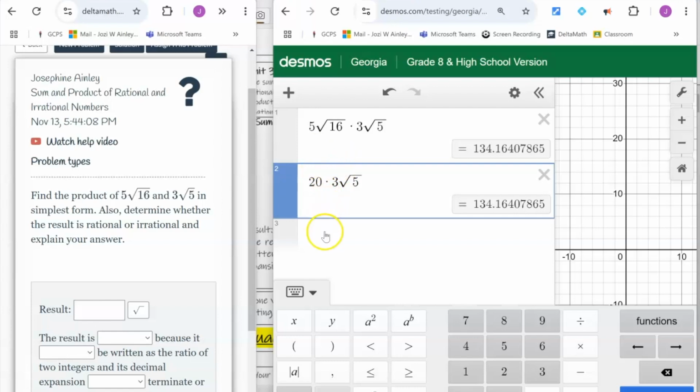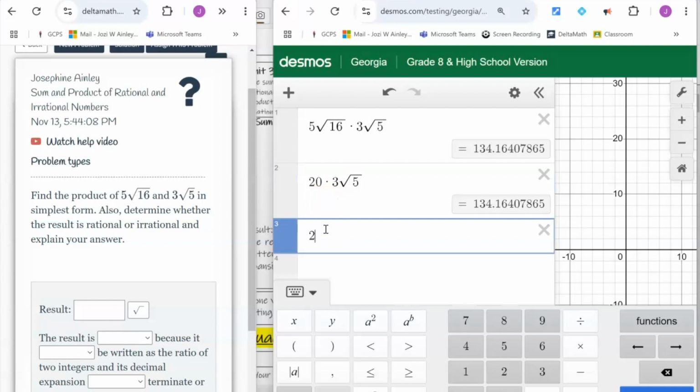When you are multiplying, let's talk about the difference between 2x plus 3x. What is that going to equal? 5x. You just add or subtract the coefficients, just the numbers, and you leave the variable alone. But what if I had 2x times 3x?